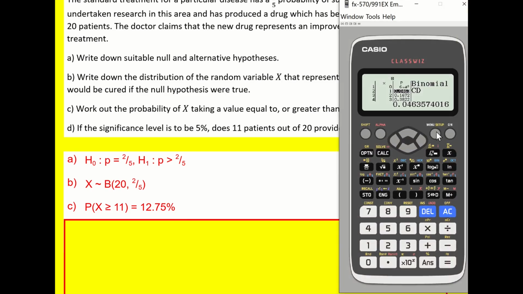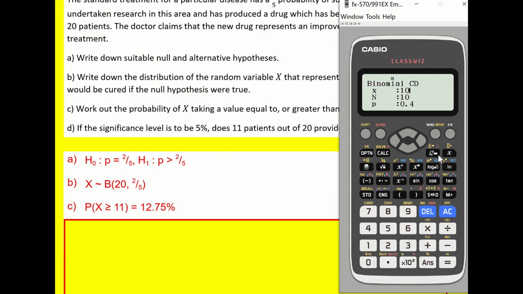Just a little reminder about that, I think it's worth doing. So remember, it's distribution, it would be binomial CD, and then we would do variable potentially, and then to work this out, it would be 1 minus the probability that X is less than or equal to 10. We don't have this cumulative distribution for greater than, we've got it for less than, so we just have to do 1 and then subtract all the values from 0 up to 10.